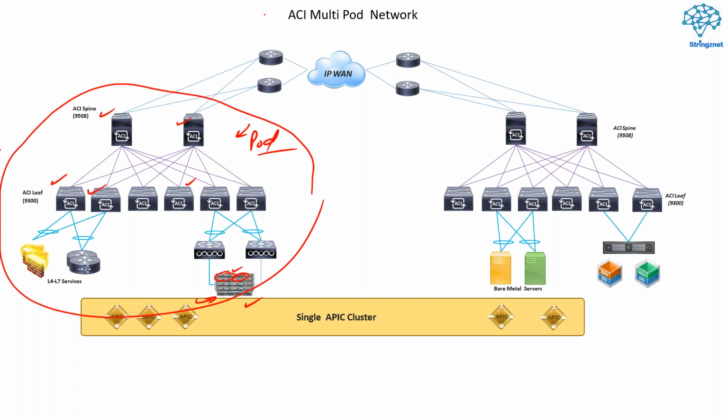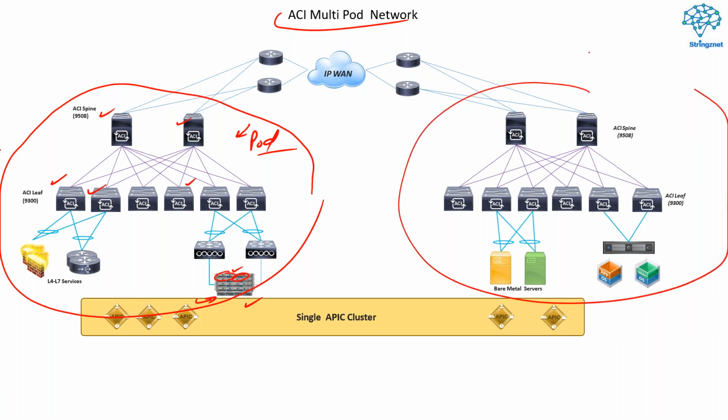Multi-pod is a scenario wherein this pod does handshaking with another pod as well, maybe in the same building or geographically located in some other building. The connectivity between them is established through devices called IPN devices. The beauty is that though they are in two different geographical locations, the controllers still form a single cluster, a single family.